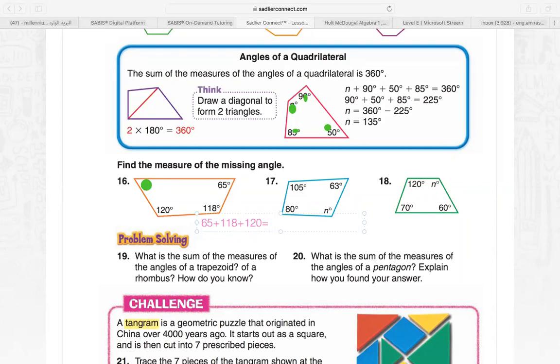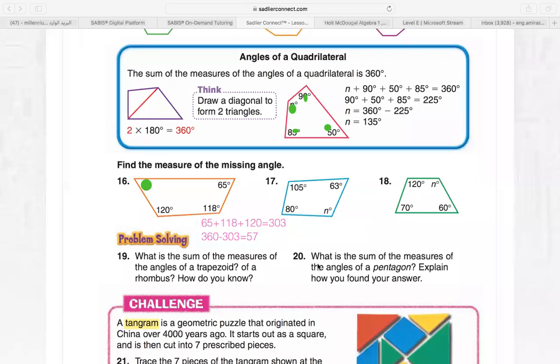They are all 303. So 360 minus 303 equals 57.